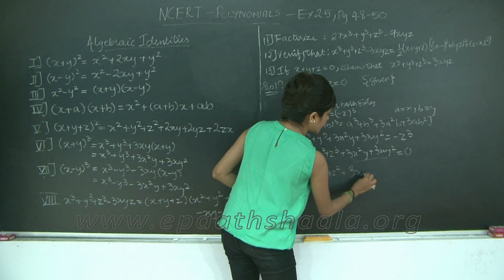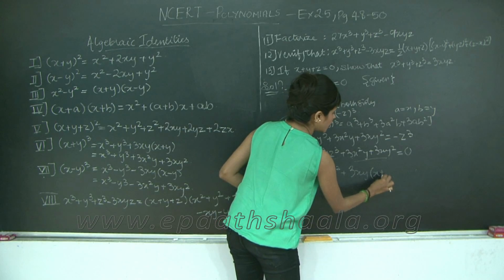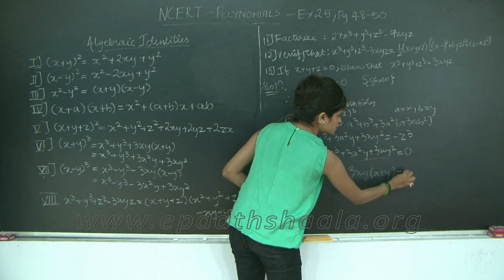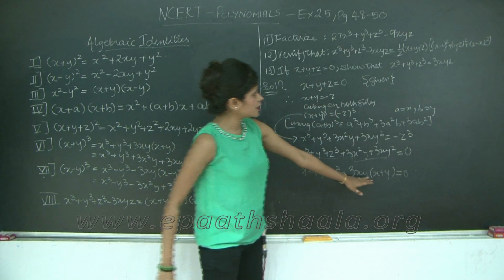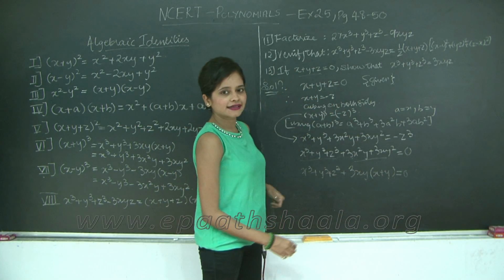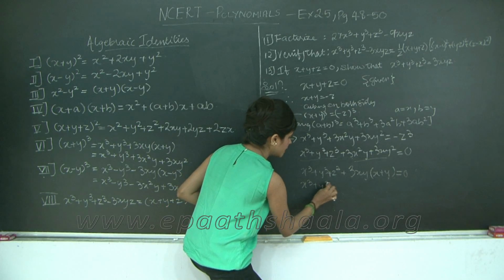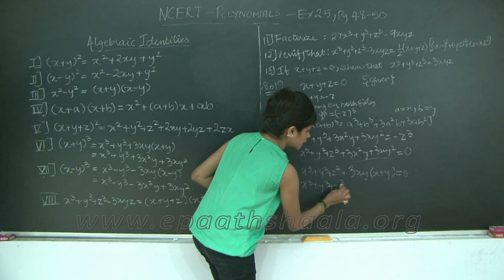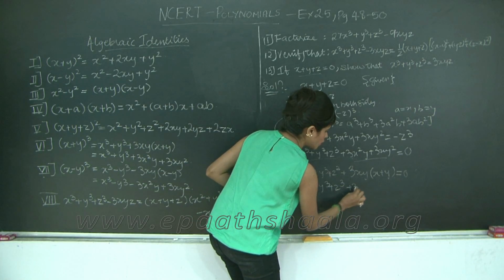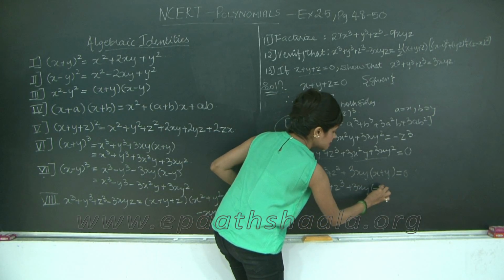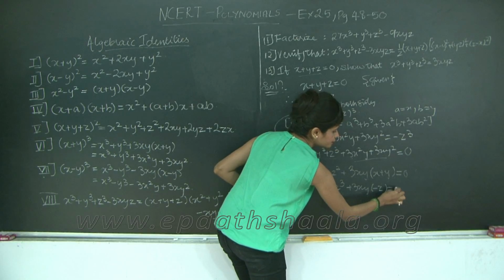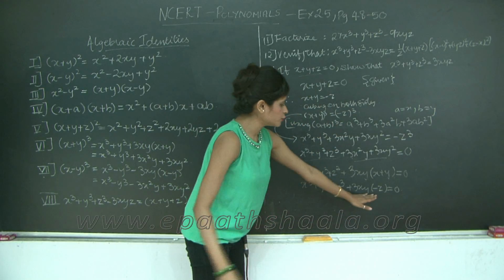I get 3xy into (x + y) is equal to 0. Now we already know that x + y is equal to −z, right? So I write this as x³ + y³ + z³ + 3xy into (−z) is equal to 0, right? Now I'm going to open this bracket.